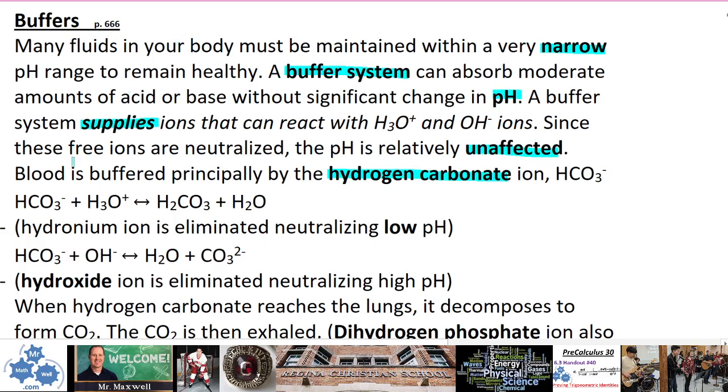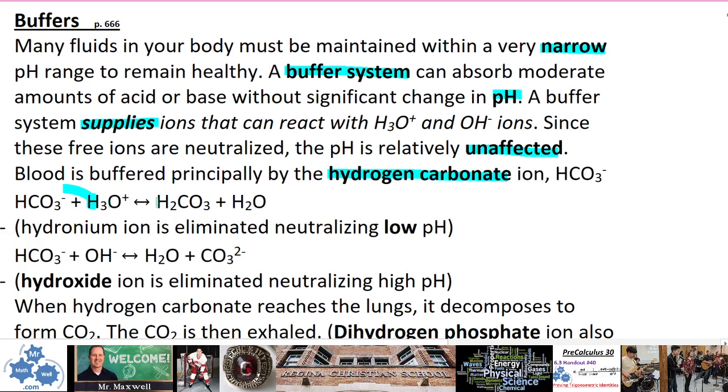So look at what happens here. If we have hydrogen carbonate ion and there is an overpresence of hydronium ion, this is what happens. The hydronium ion, obviously an acid, will donate a proton, and HCO3 minus becomes H2CO3, and the acid turns into water.